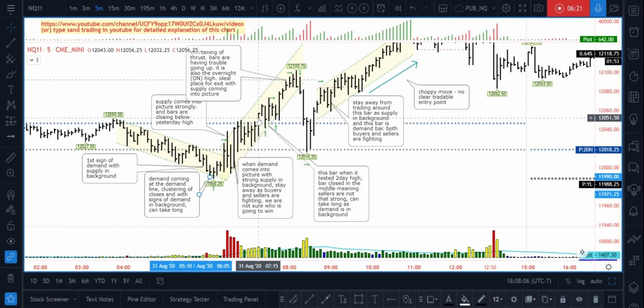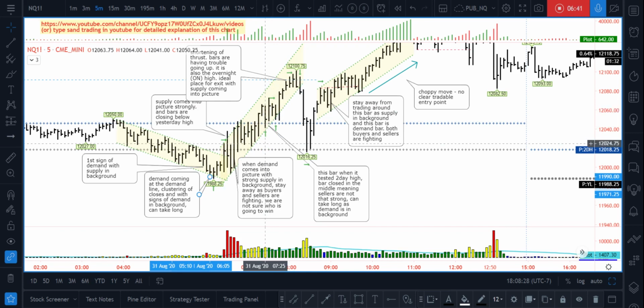And then it breaks the 2 day high resistance. So by this time, demand is in the background, because it held through all this price action, absorbed all the supply, and then broke it, right? So what we do is wait for a weak pullback to our support.